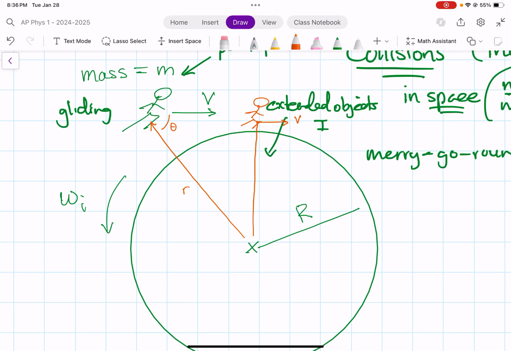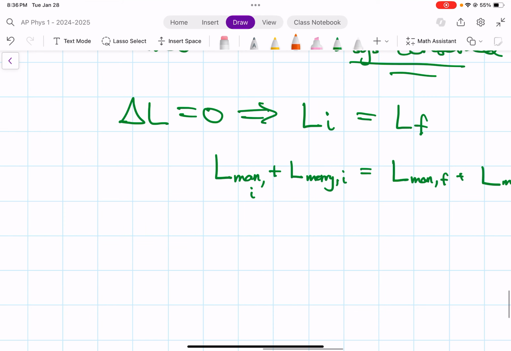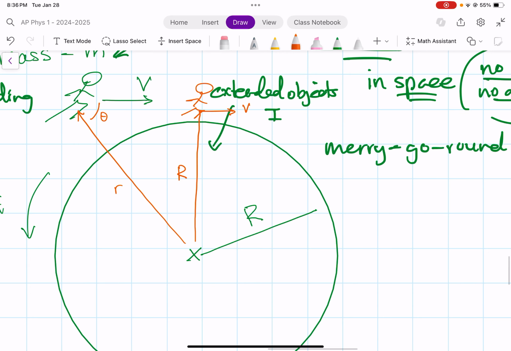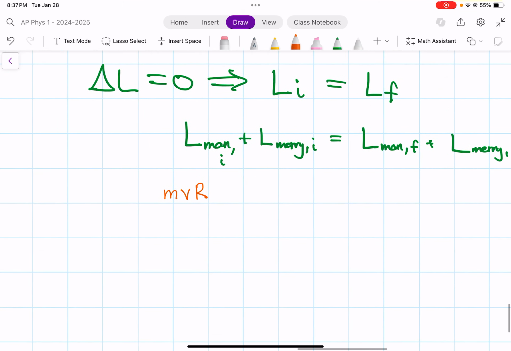So same velocity, but now he's exactly a distance capital R, the actual radius of the merry-go-round. So really, his angular momentum is mass times v times capital R. Is this a negative or positive angular momentum? Again, use the right-hand rule. Looks like it's negative, right? So he's sort of moving clockwise according to our center of rotation. So this is a negative quantity.